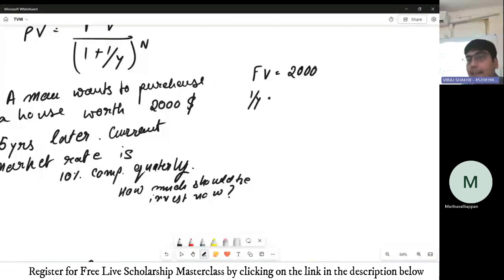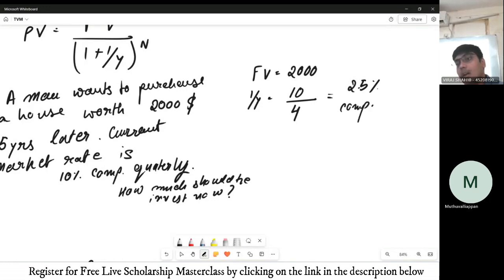What is your I by Y? 10% compounded quarterly, but I by Y is interest rate compounded periodically. तो पर पीरियड मतलब पर क्वार्टर कंपाउंडिंग कितना पे होगा? 10/4 which is 2.5% compounded periodically. Clear?